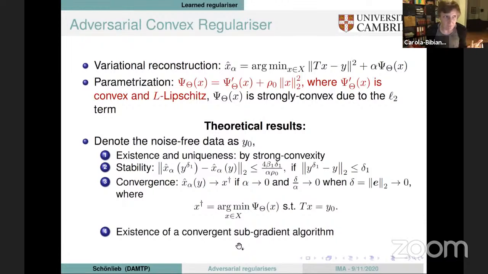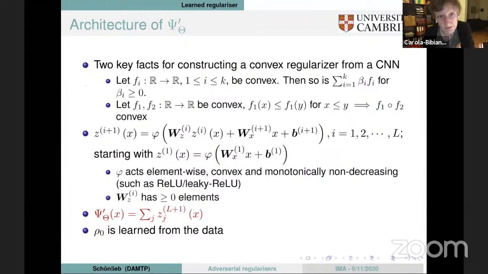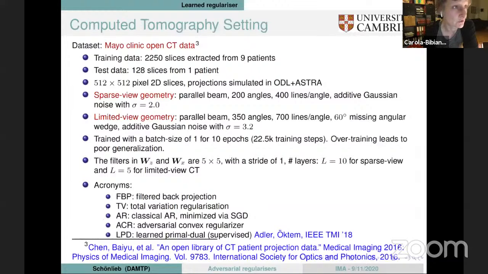And because I now have a convex problem, I can also prove convergence for a subgradient algorithm for minimizing this functional. I can tell you more about how you create this convex architecture, but this is actually super simple once you have looked at it. And now I'll show you some examples.